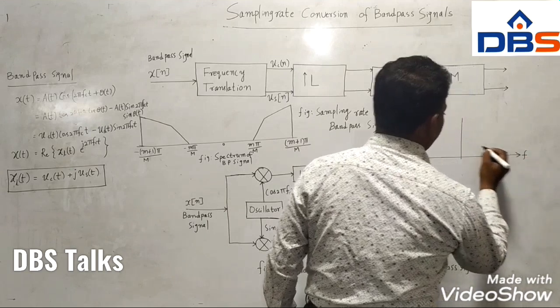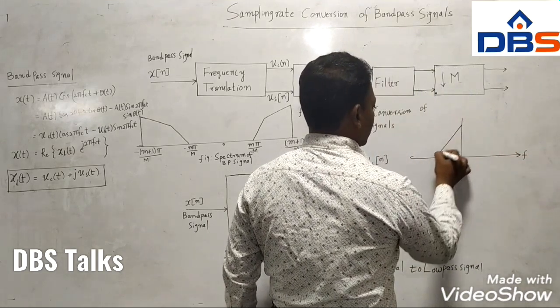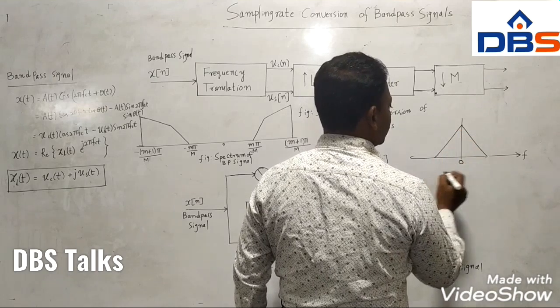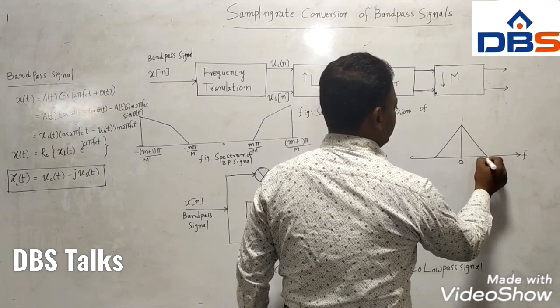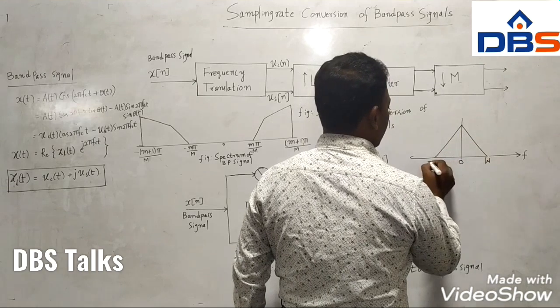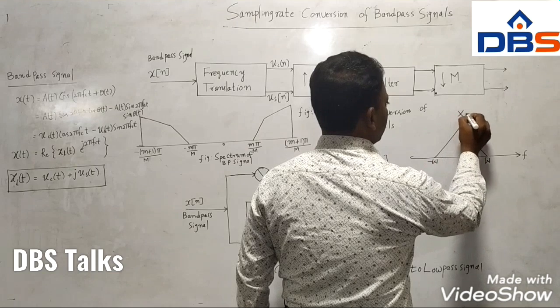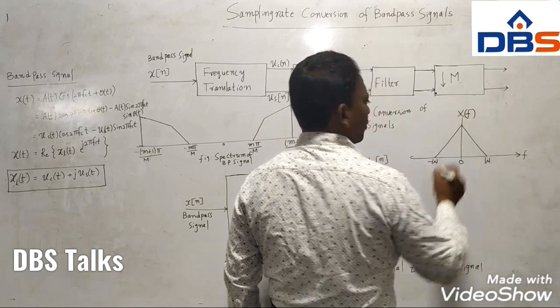Suppose this is the frequency domain. Spectrum means we know that it is a frequency domain. Now you see this is the origin 0, with W and minus W, and you assume that this is X of f.